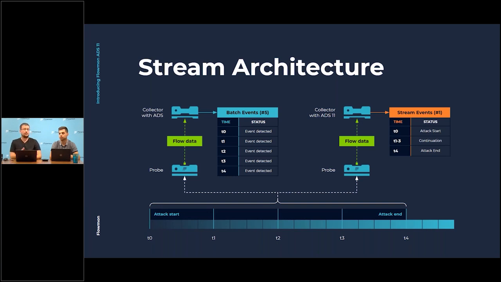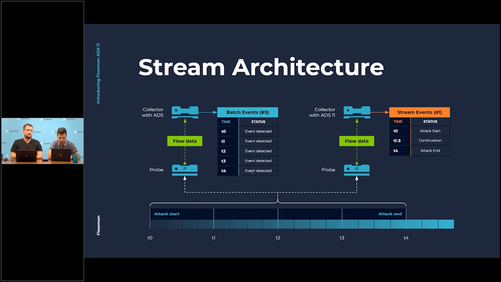If you use the ADS and you want to really quickly respond to the attacks, you can lower the timeouts, which by default, or as a standard, are 30 seconds or 5 minutes. You can lower that. And after that, we process the flows as they come to the collector. So it's just seconds, just a little time for us to process it. So it's really fast. Excellent, thank you.